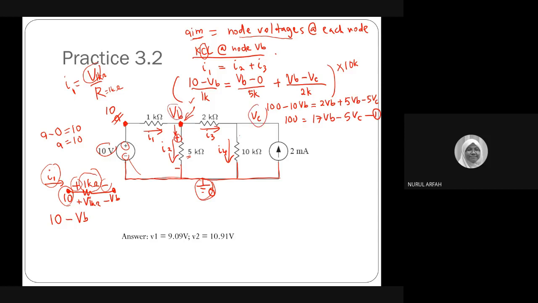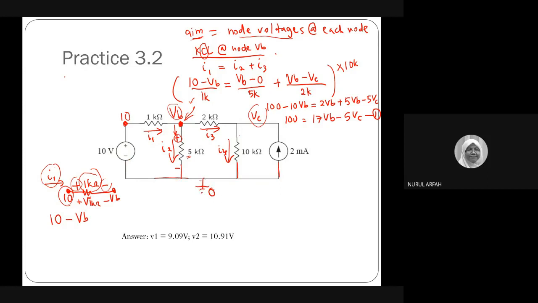This and this. Why not you focus on this 10? What do you think? Because the 10 is a value, right? This node is actually a value, so you don't need to focus on that. And then what about the one down here?